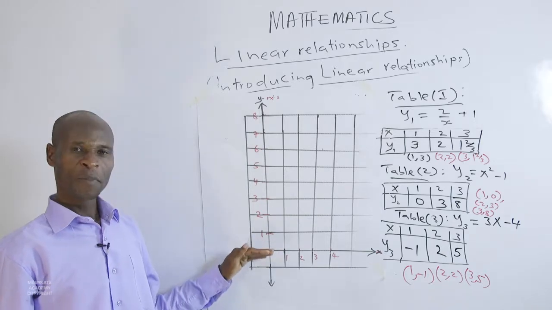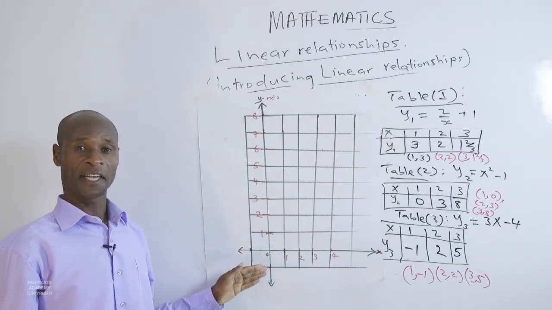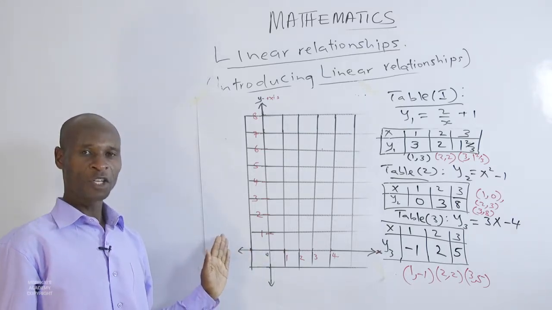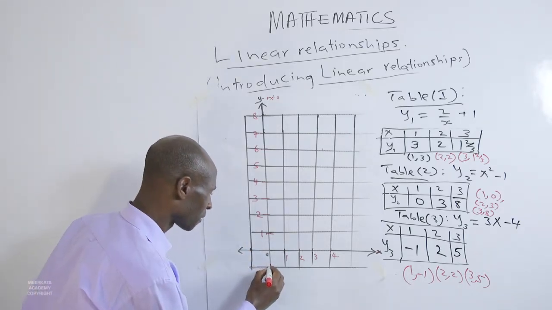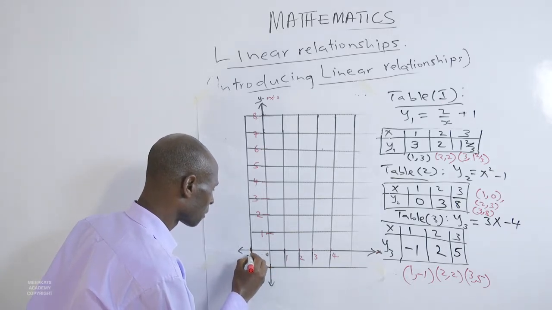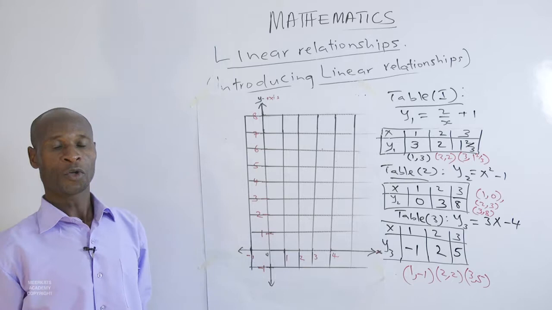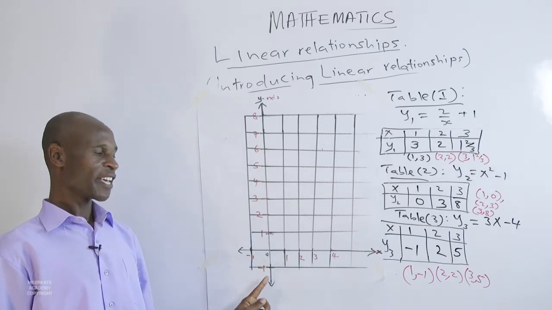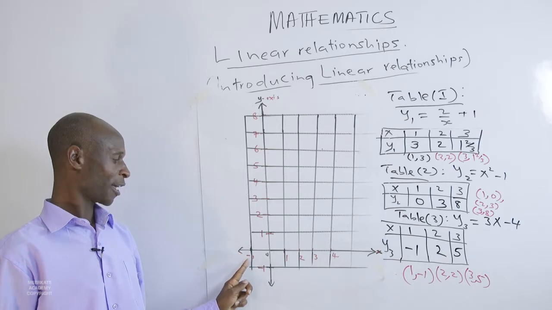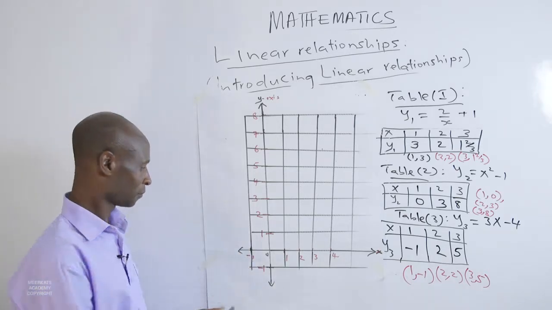We can also indicate the negative values for y and the negative values of x. So the first negative value for y is -1, and the first negative value for x in our case is -1.